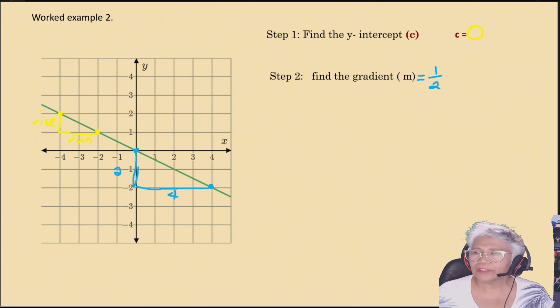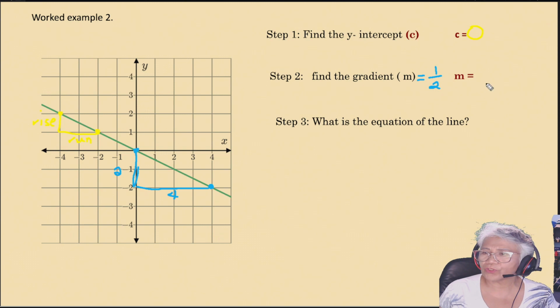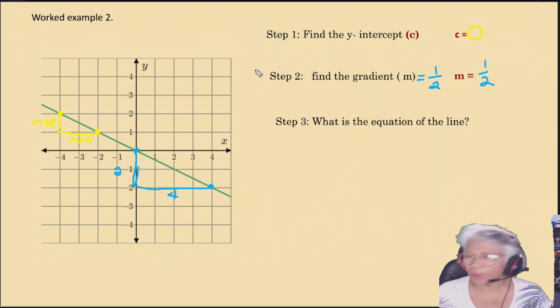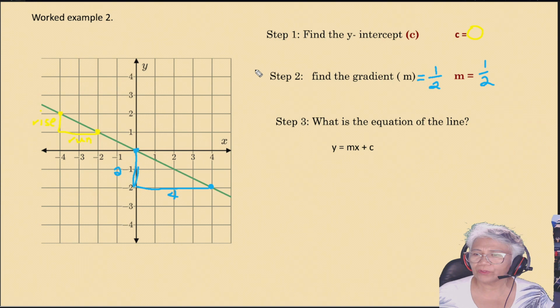Okay, now we come to the third part. So m is equal to, let's say, 1/2. Okay, so third one, what is the equation of the line again? Right, we have the formula there, and so all we need to do is to substitute.